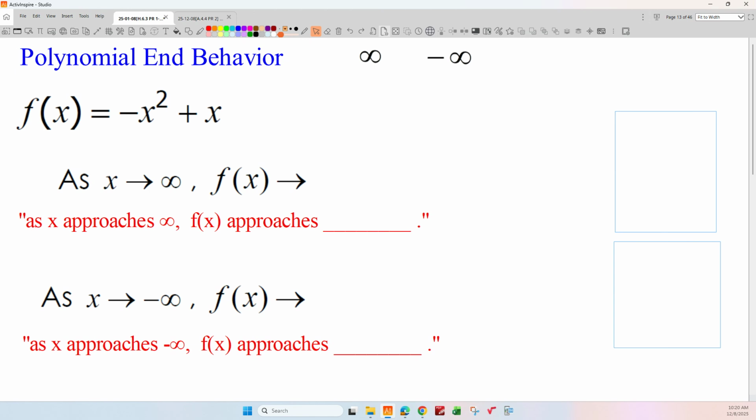What's the y coordinate doing? Well, the y coordinate is going down to negative infinity, right? So we're going to see this kind of behavior. Y goes down. As x approaches negative infinity, what's f of x going to approach? Negative infinity, right? Y is going down to negative infinity.